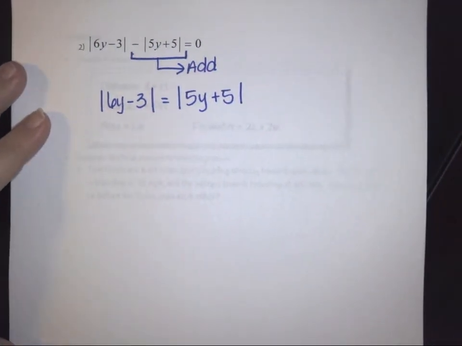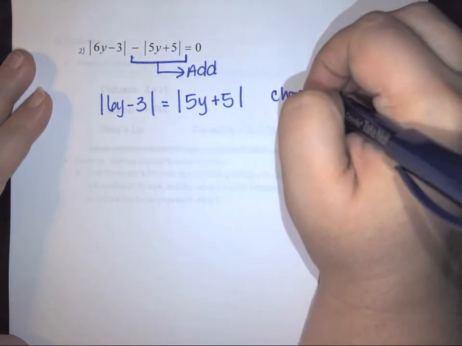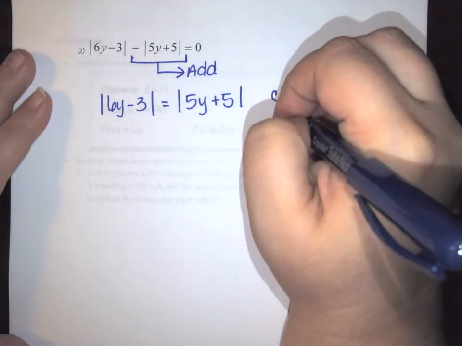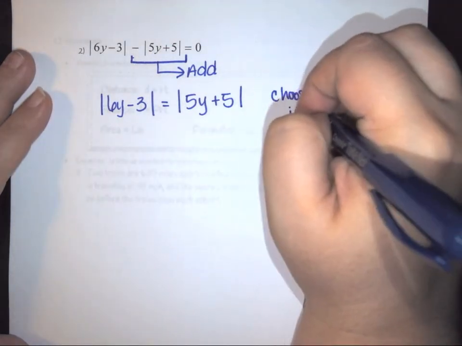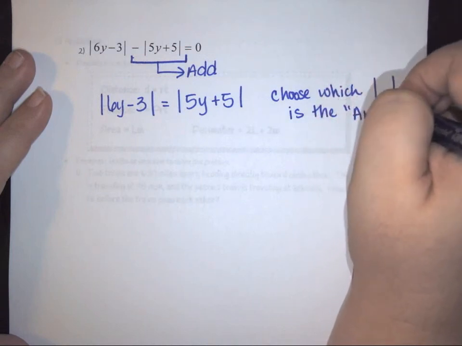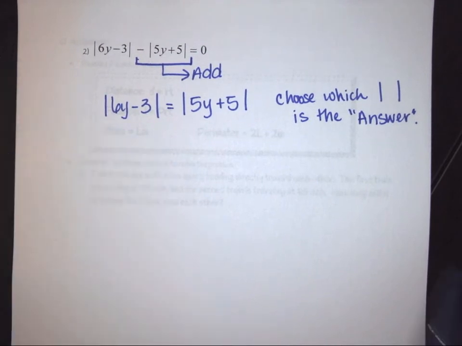Once you do that, you have to do what's called choose which absolute value is the answer. So what do I mean? I mean you have 2 absolute values. You have to choose one of the absolute values to be what's called the answer value, and one of the absolute values to mimic the absolute value.